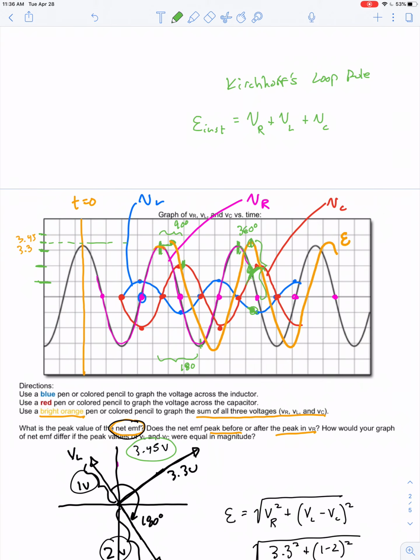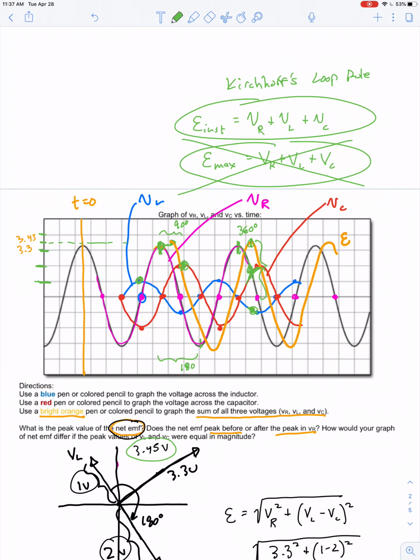However, it would be incorrect to say that the maximum EMF from the generator is equal to the maximum voltage of the resistor plus the maximum voltage of the inductor plus the maximum voltage of the capacitor, because we notice they don't reach their maximum values at the same instant in time, and so we can't add the max values together. So, bottom statement false, top statement true.